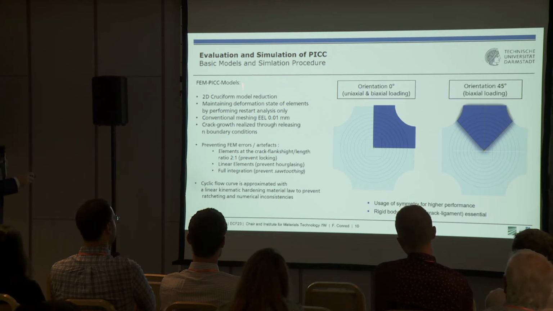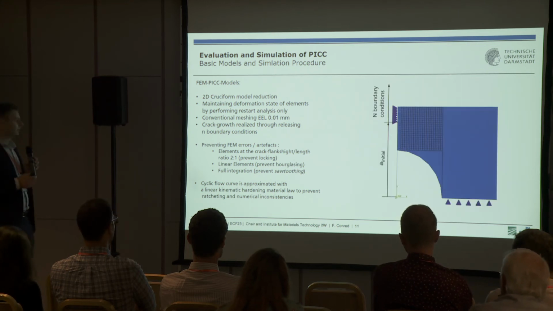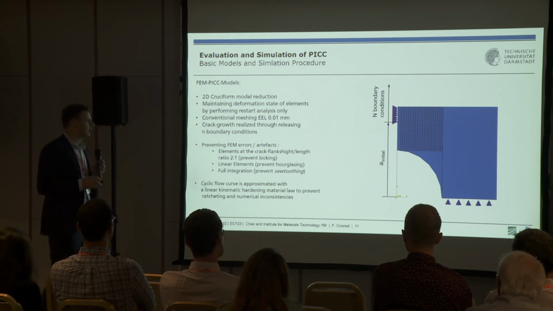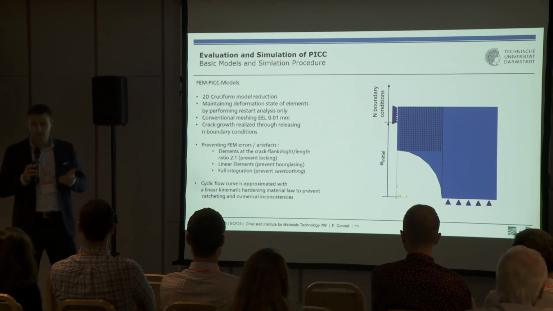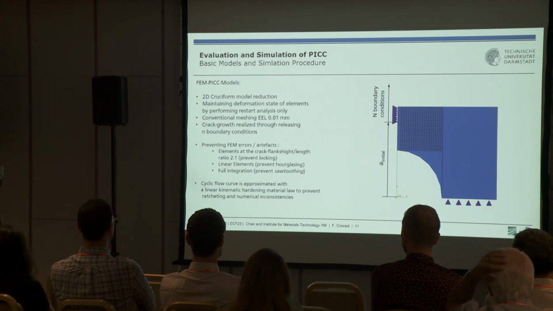So it is a 2D reduction, as I said. We use a conventional meshing approach here with an element edge length of 0.01 millimeters, and we realize crack growth by releasing the boundary conditions after 2 cycles. And then we start in Abaqus a restart analysis to keep the plasticity information in the element.